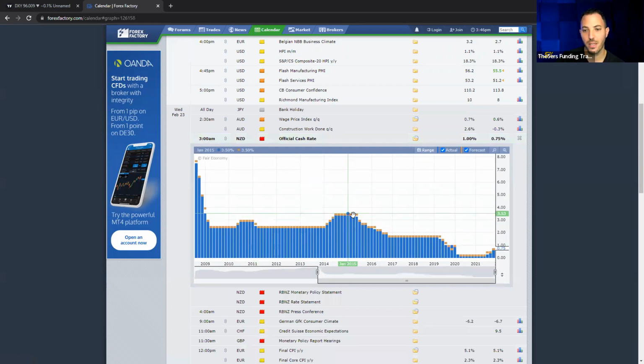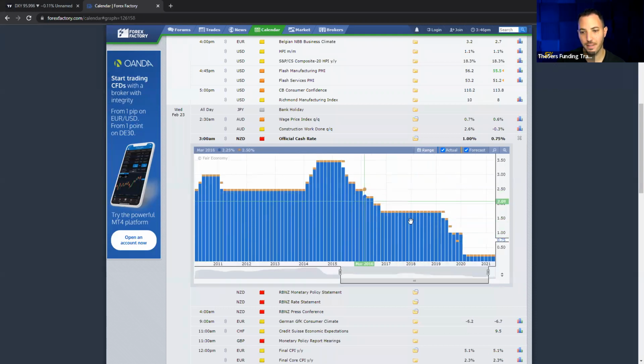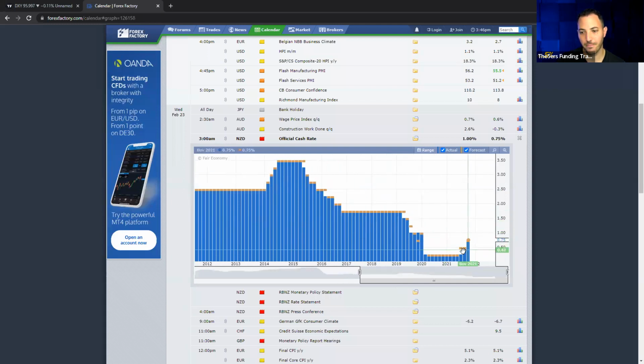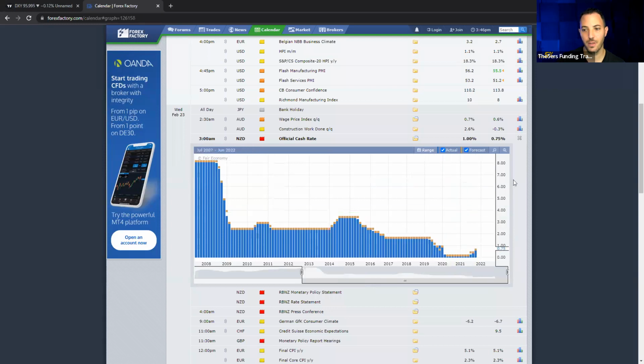You see how almost every time there's a match between the forecast and the actual, and most of the times the forecast and the actual result are the same. We do have some surprises. You can see here sometimes, but most of the times there's a match.